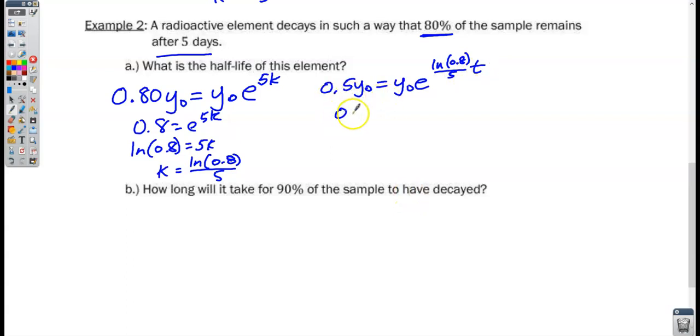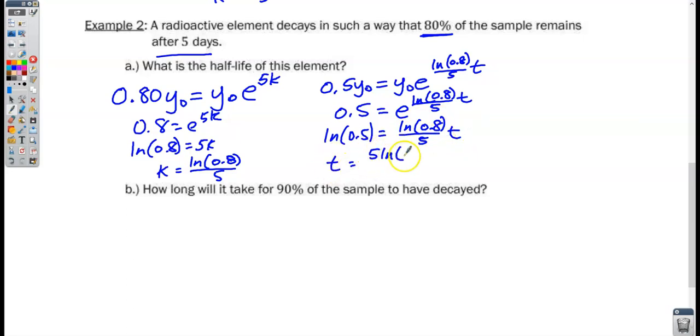I divide both sides by y sub 0. And then I take the natural log of both sides. And I solve for t. And there's my half-life.